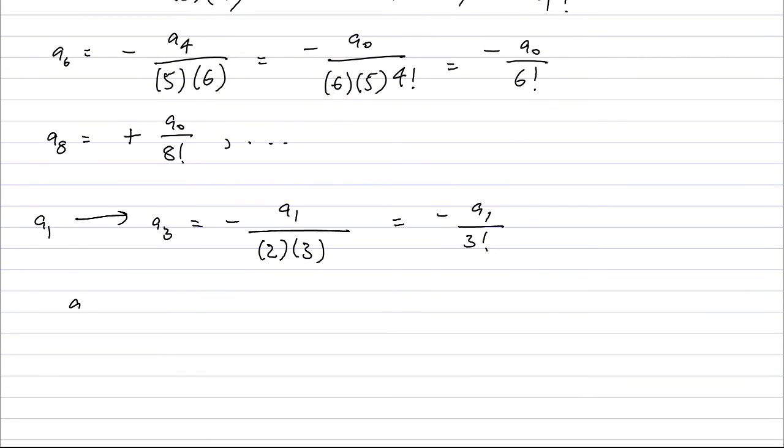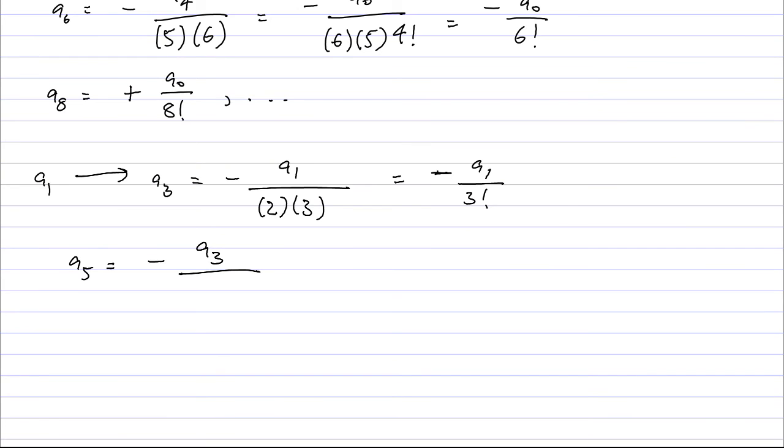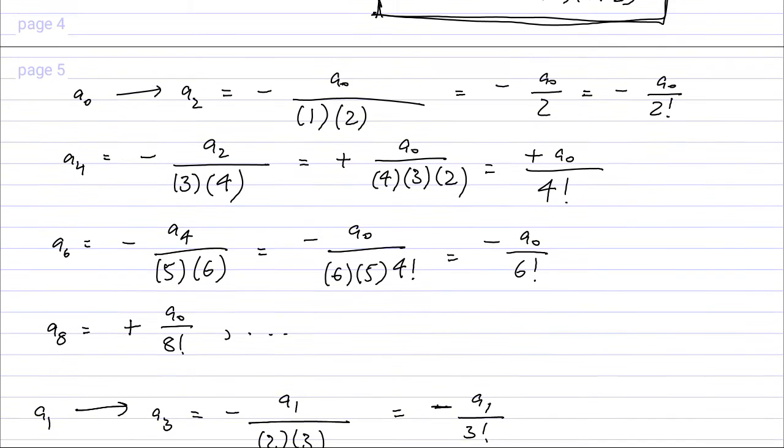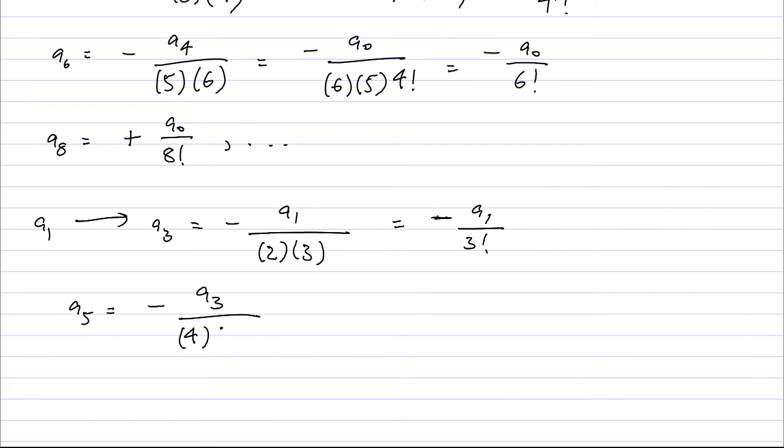And then I can write a5 as minus a3 divided by, you have over here n is equal to 3, so you have n plus 1 is 4, n plus 2 is 5, 4 and then 5, and then of course this is plus a1 over 5 factorial. And so on and so forth.